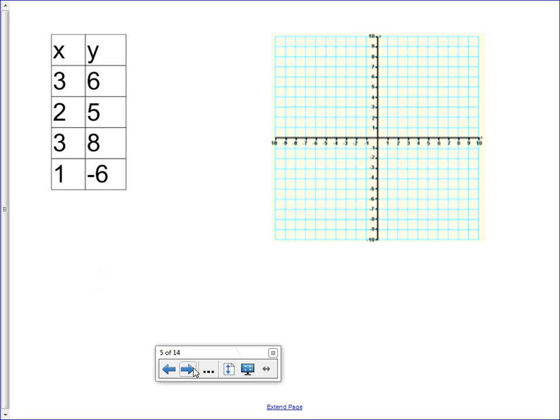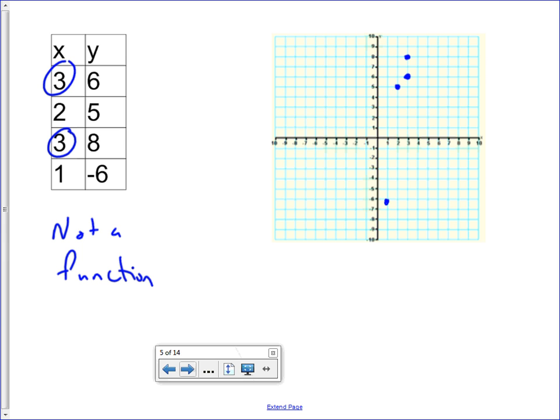Okay. And this last one we're going to look at, if I've got these ordered pairs, we can see that there are 2 3s. So this one, again, not a function. And what does this look like on a graph again? It would be a 3, 6, a 2, 5, a 3, 8, and a 1, -6.